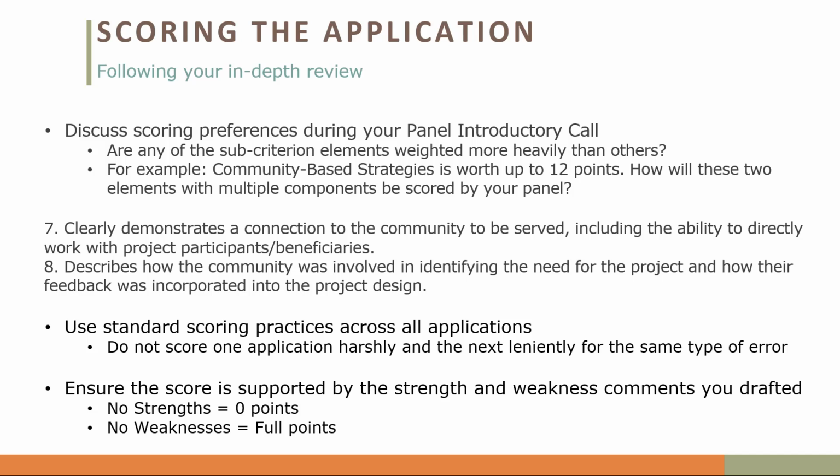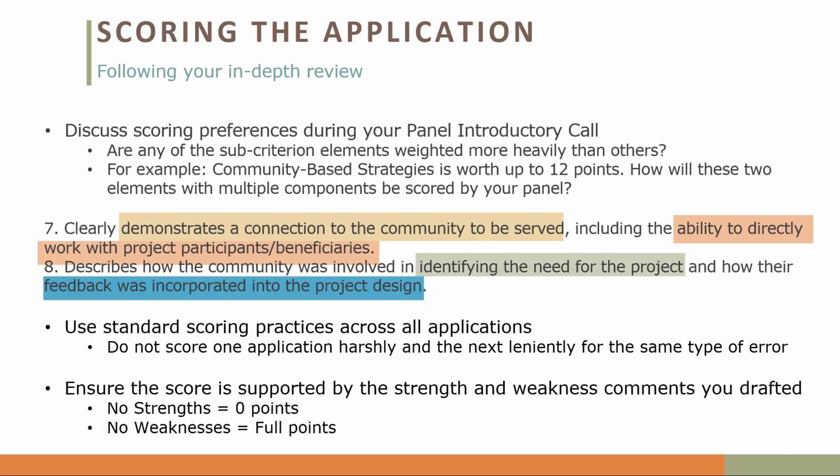An example of this can be seen in the community-based strategies section that is worth up to 12 points. There are only 2 subcriterion elements, but each have 2 required parts to them. How will your panel score each part? And how will they divvy up the full 12 points if any piece is missing in the application?